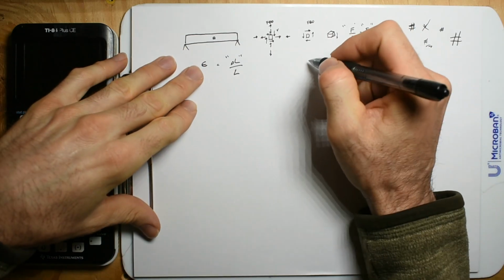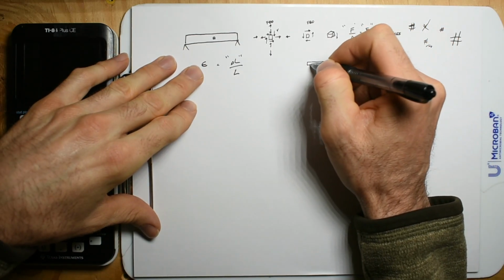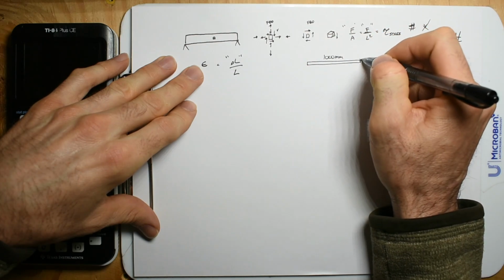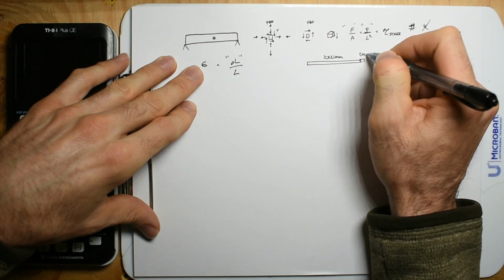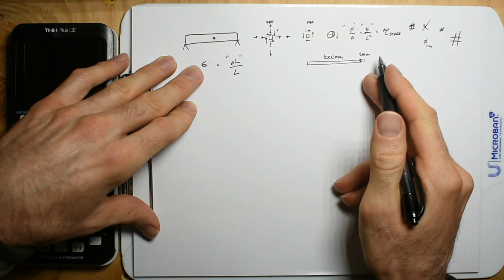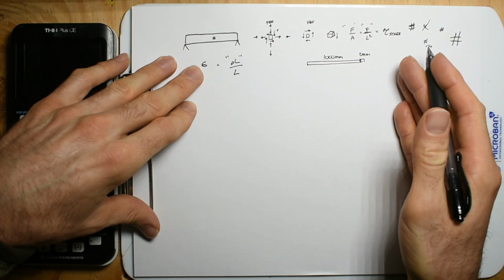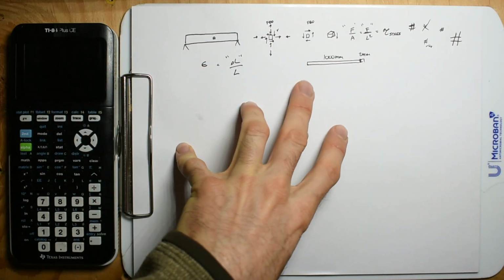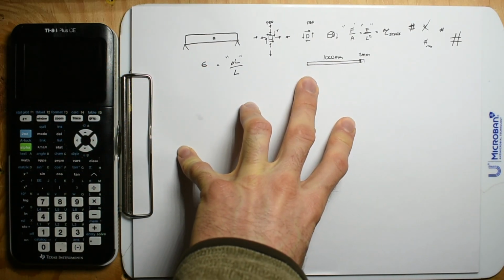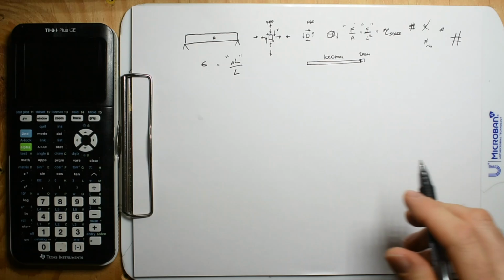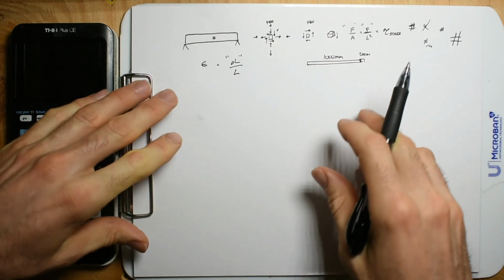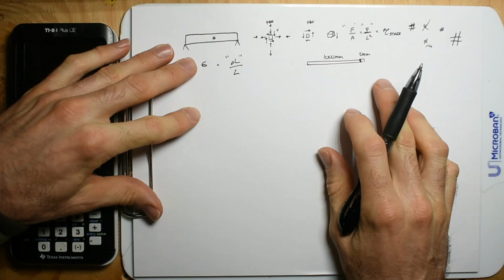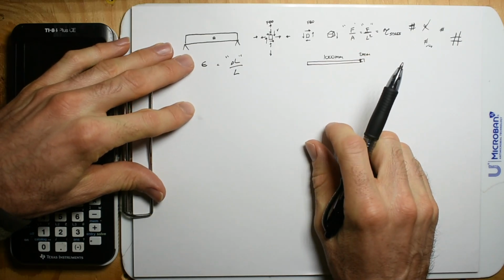Same thing with strain. A steel bar that's 1 meter, that would be 1,000 millimeters, can only change length by 2 millimeters. And it's almost imperceptible. You can't really gauge that with construction materials like steel, concrete, wood. And that's what makes strain also kind of a harder concept to grasp.